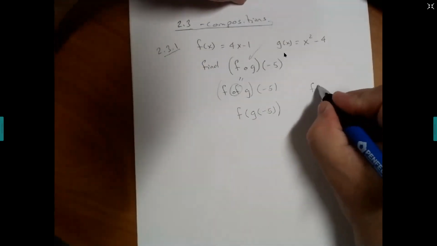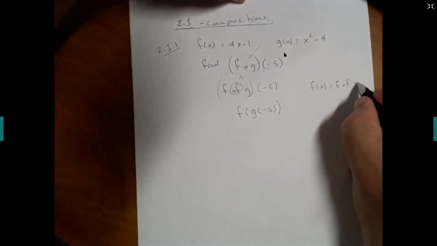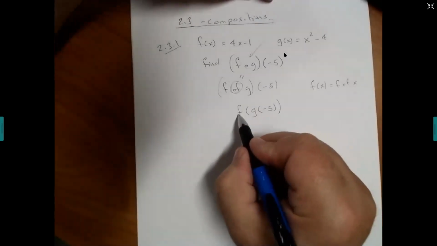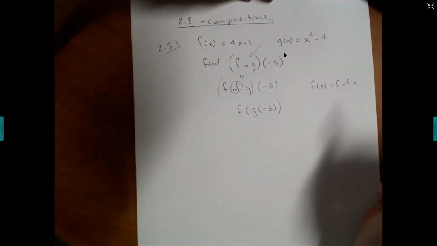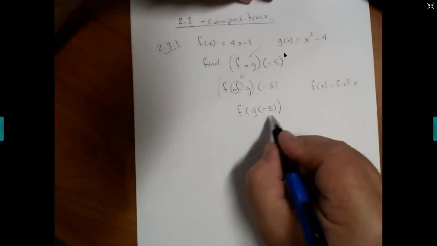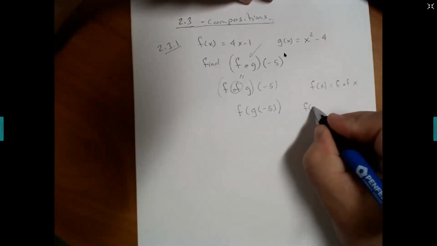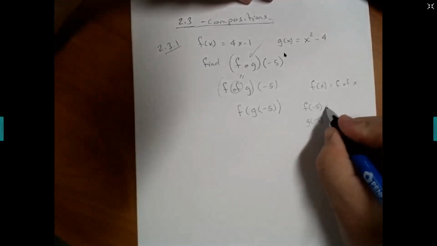Remember, in this one, we read that as f of x. So whatever comes first is on the outside, whatever's next comes on the inside. So in this equation, you could do the same thing we just did earlier. Let's find g of -5.